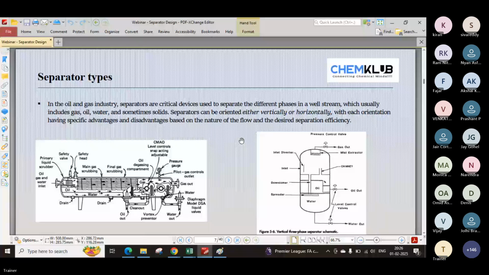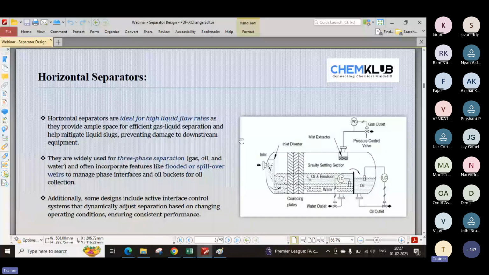As we said, horizontal separators are generally preferred when you have very high liquid rates, or a very high three-phase fluid into the system, or when you require high residence time for the separation. Generally, if you have oil, water and gases coming together from the well, then it goes to the first three-phase separator.